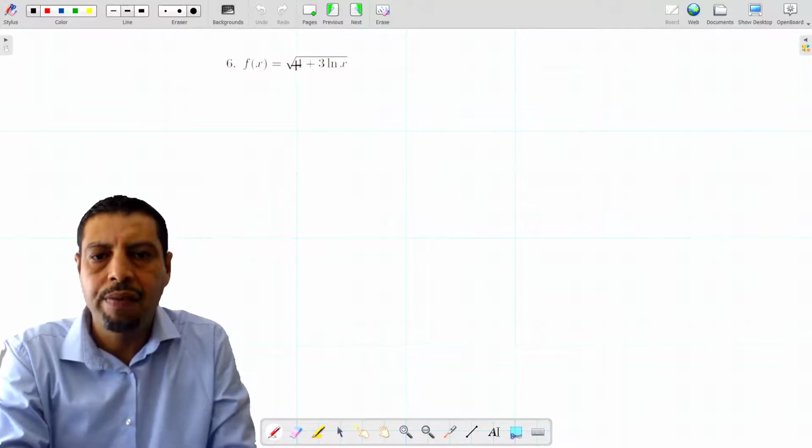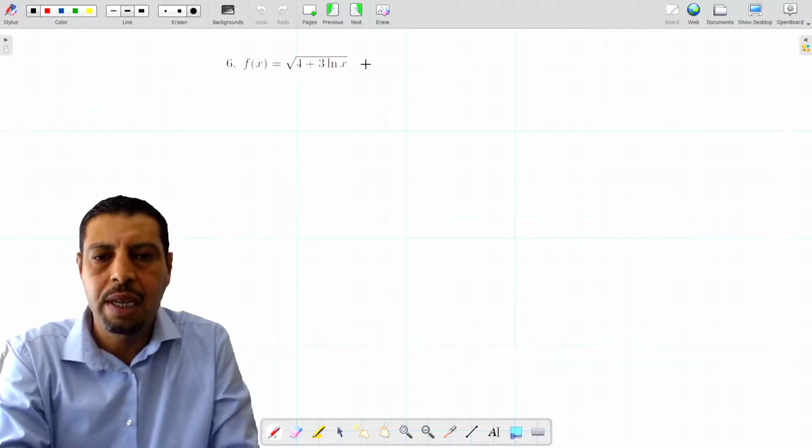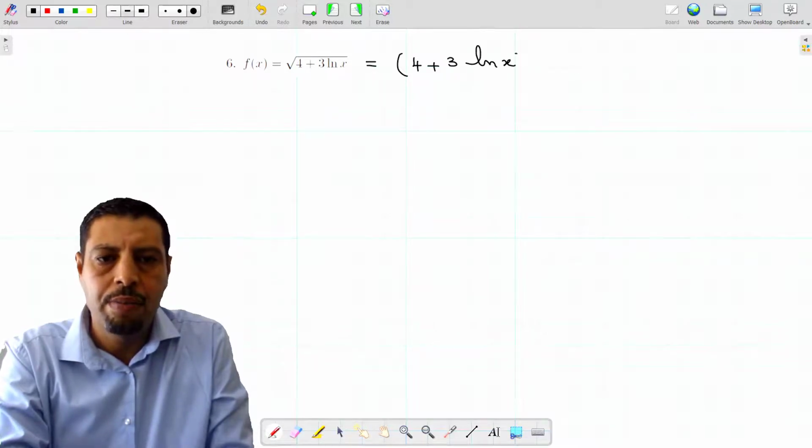Next one, f of x equals square root of (4 plus 3 ln of x). To find the derivative of this function, first rewrite it as (4 plus 3 ln of x) to the power of half, because a square root is a power to the half, okay?